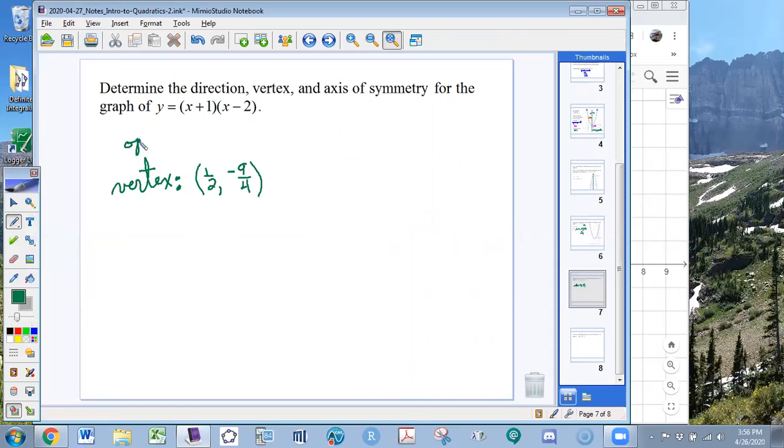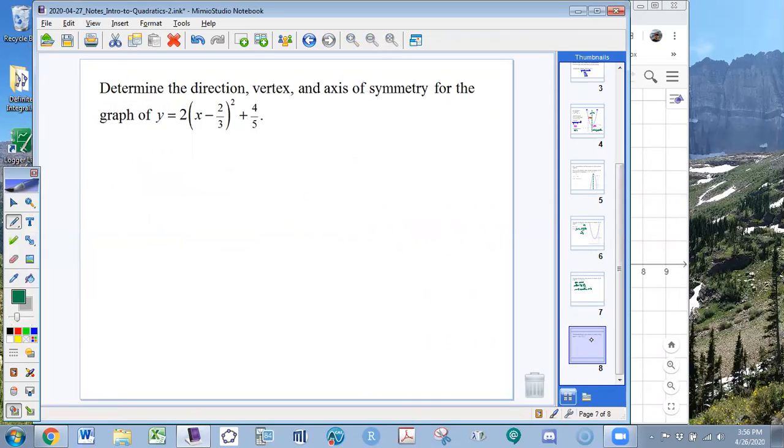This one opens upward, and I have my axis of symmetry. Writing this by hand since I have to write the fractions. I have an axis of symmetry at x equals 1/2.